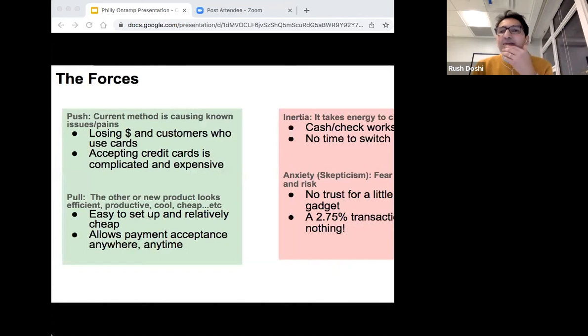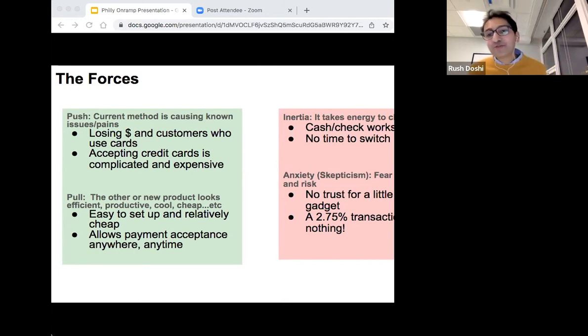I know we're running short on time, but I just wanted to quickly show an example of the forces they dealt with at the time, that they had to overcome. They had some push and some pull, but they also had some areas they had to work on. Some people, especially the merchants, were like, hey, cash, check, that works fine for me.